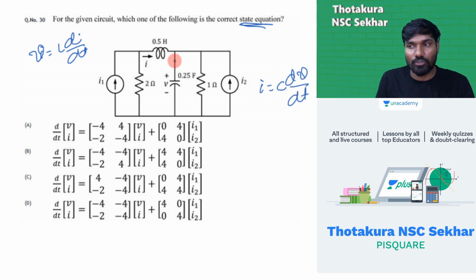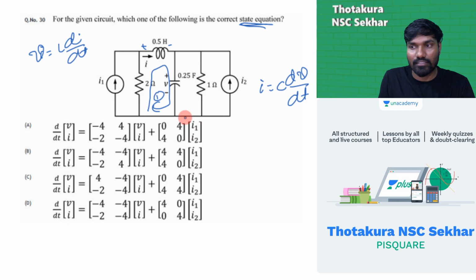So here you want this current, for this you need this voltage, because this voltage will give us the derivative of current. Okay, so write the KVL for this loop. Simple. What is the KVL for this loop?